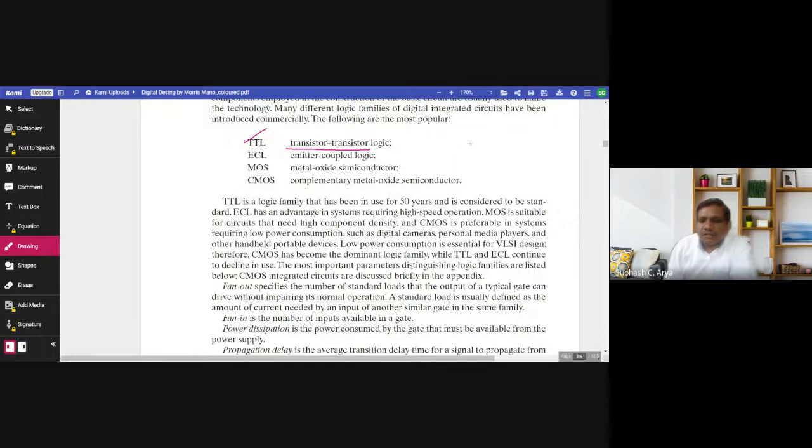Suppose I want to implement a gate with the help of transistors only, that is called transistor logic. Then emitter coupled logic, and MOS, metal oxide semiconductor. If I use MOS based devices to implement the function of a NAND gate, then that technology is MOS. And the last one is CMOS. The latest technology is CMOS, where complementary metal oxide semiconductor transistors are used to realize the logic gates.